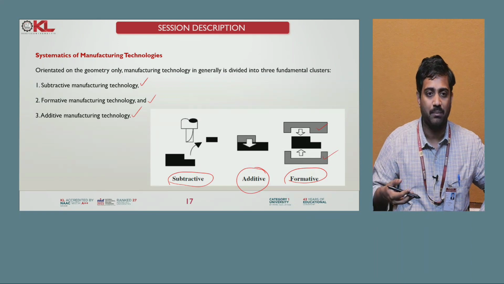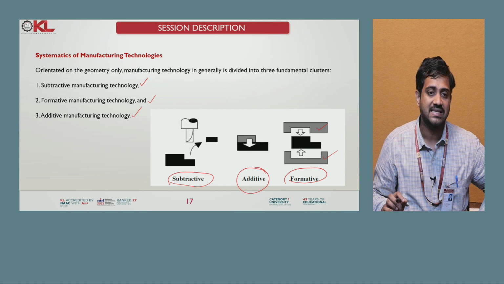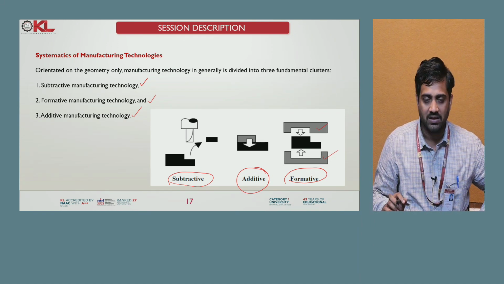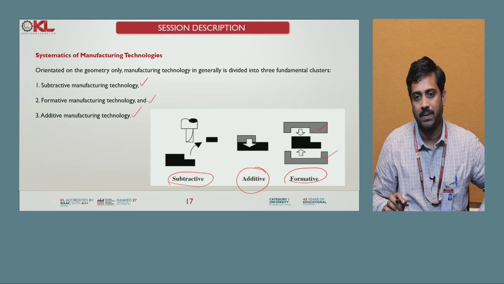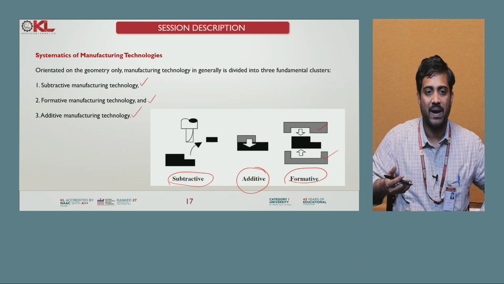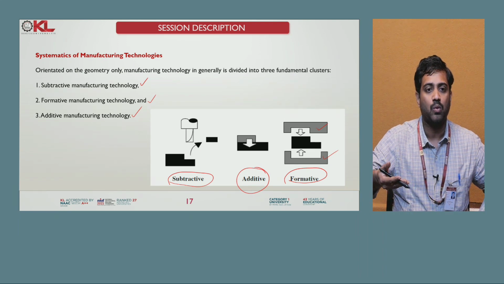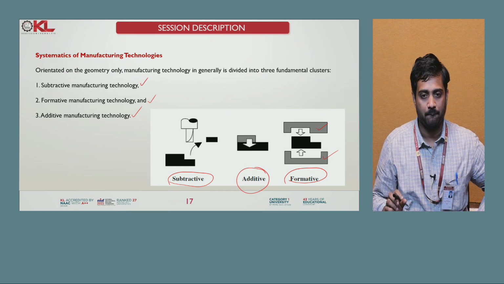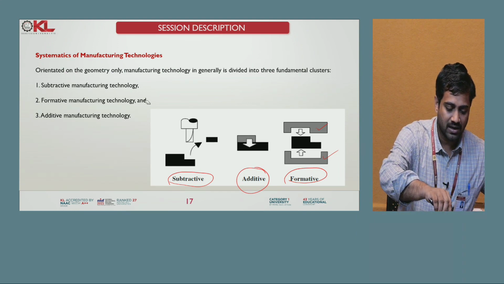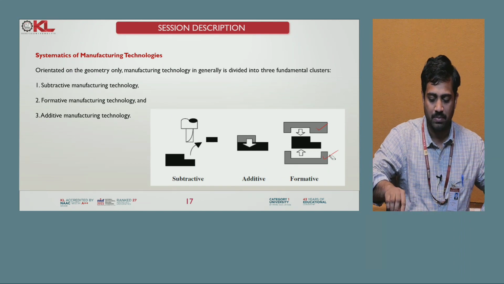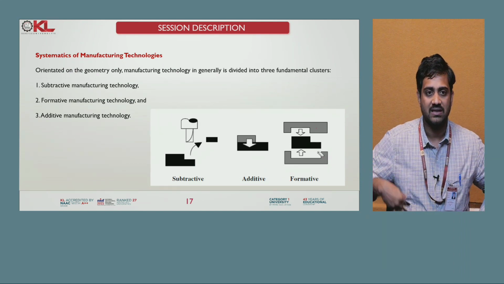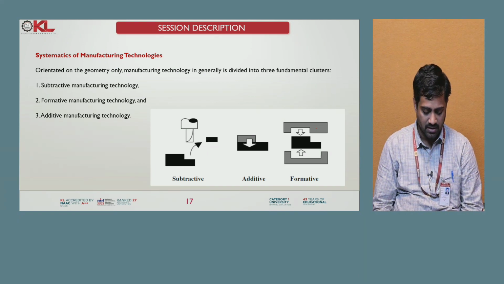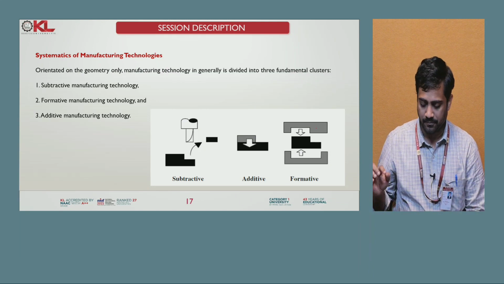Based on the existing 3D CAD design, with the help of a 3D printer or 3D printing technology, by printing the part layer by layer, we are adding material so that the desired part is obtained. The best example is the 3D printing process. Like that, manufacturing technology is generally divided into three different clusters, which we discussed so far.